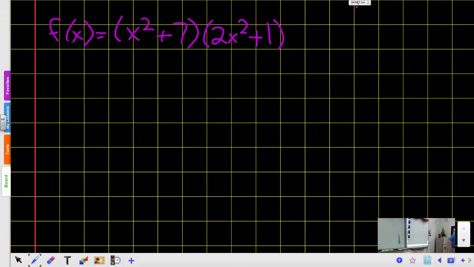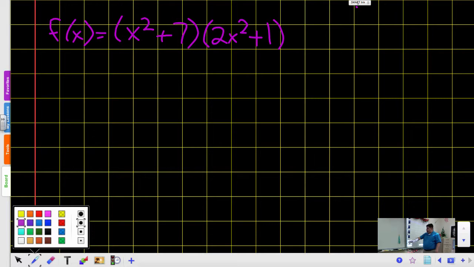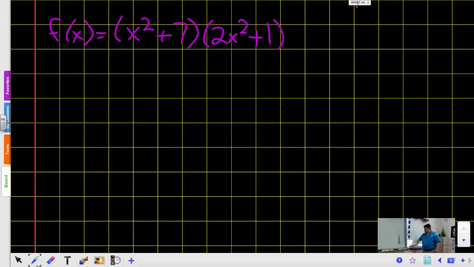And so graphically, this thing looks a little different. So first of all, if I were to graph this, this is a 4th degree polynomial, and what that means is that my 4th degree polynomial is going to cross, or has the potential of crossing the x-axis 4 times.